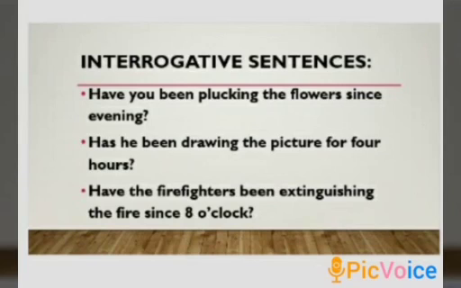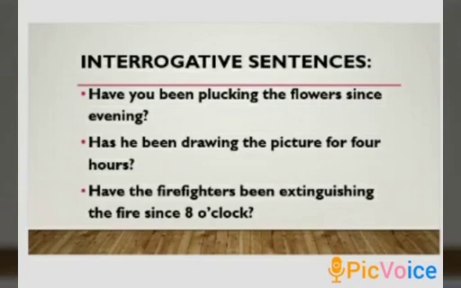Now you have seen in these examples that we have used the helping verb at the very start of the sentence. Have you been? First we will write the helping verb, then the subject will come. Between have been or has been, we put the subject. So have you been plucking, then the verb will come, then the object.